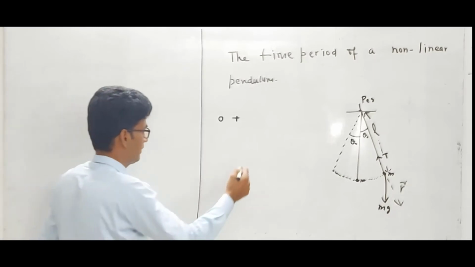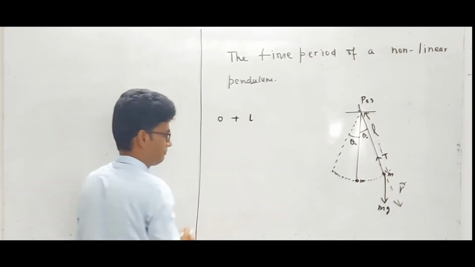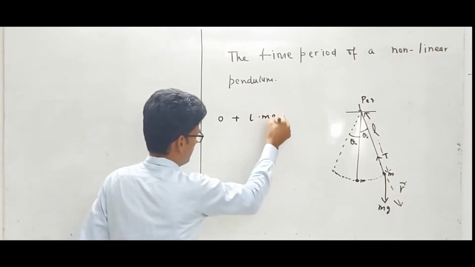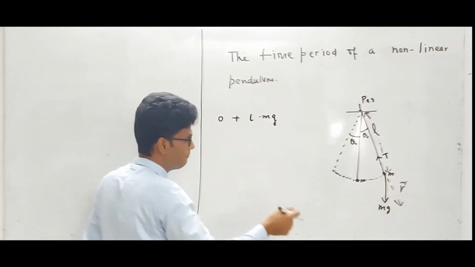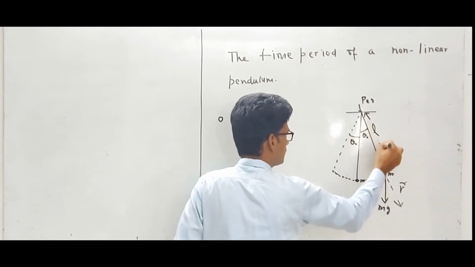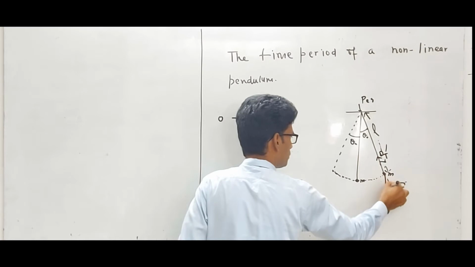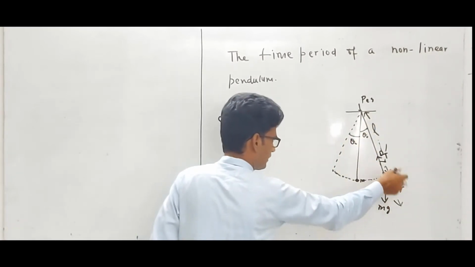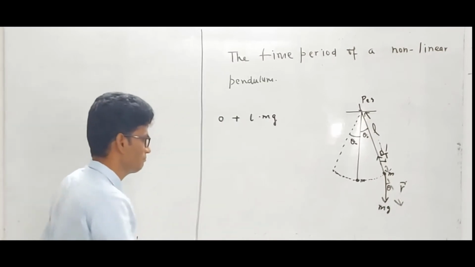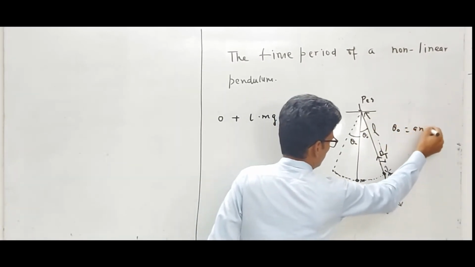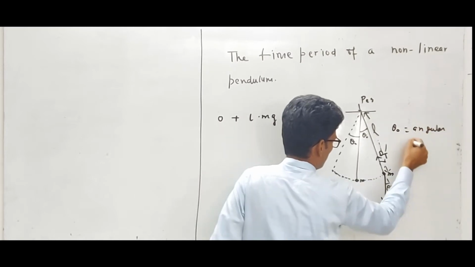So the magnitude of the r vector times the magnitude of the force vector mg times the sine of the angle between them. So if we draw like that here, this is the alternate angle, this is the vertically opposite angle. That's the theta, in fact theta naught. So we have taken here theta. This is the angular amplitude, theta naught. Angular amplitude.